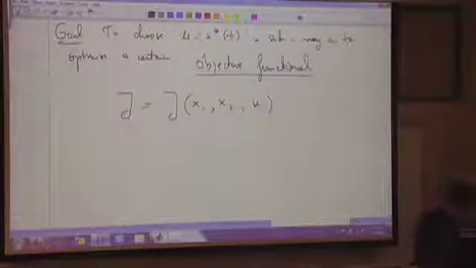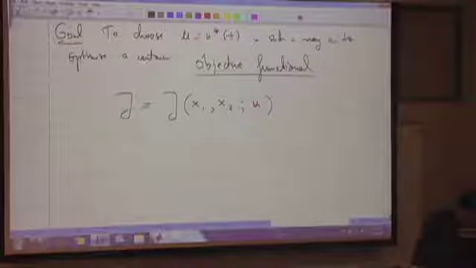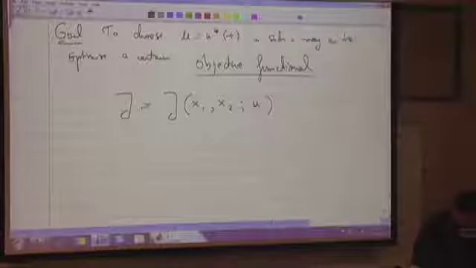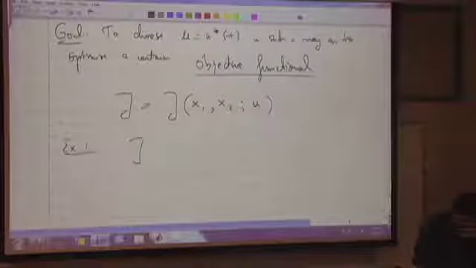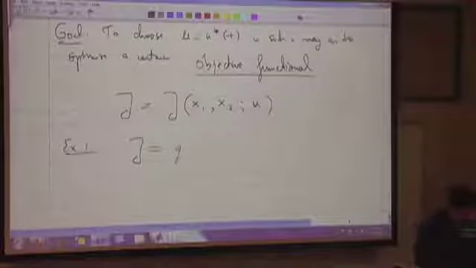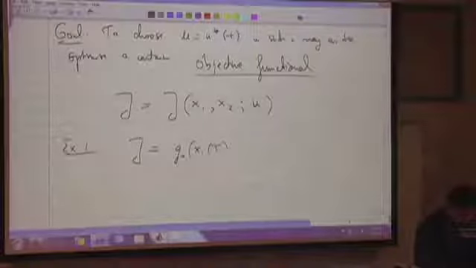Okay, so here are a few examples of such functionals. This functional could be a function of the final time.